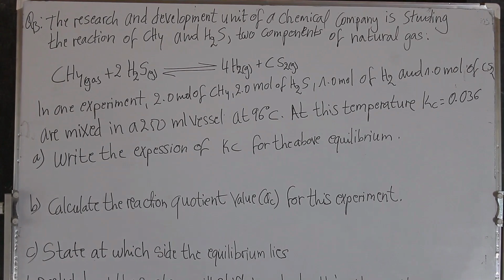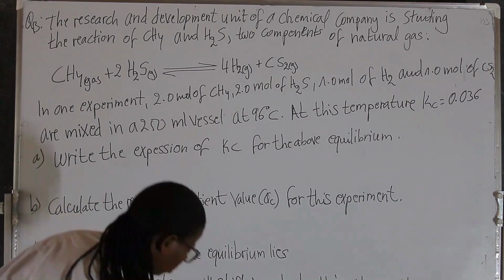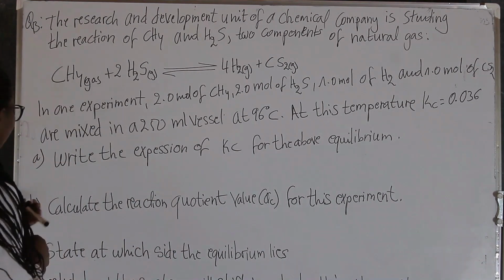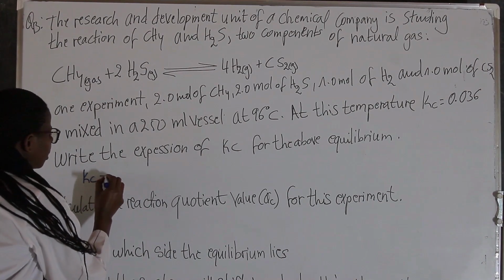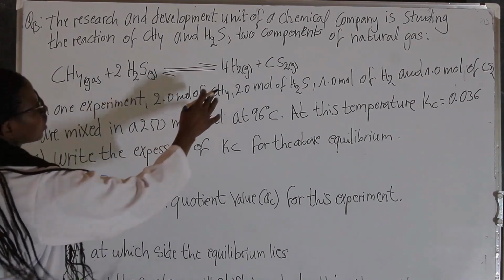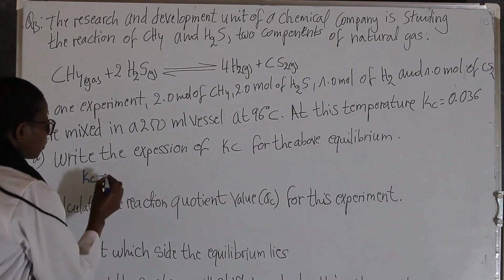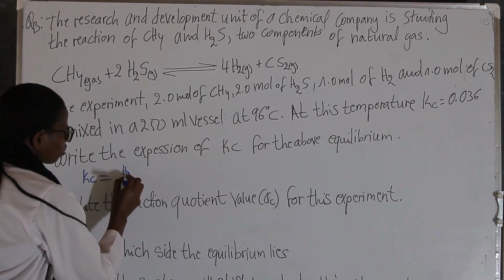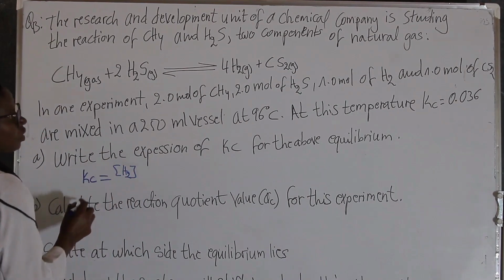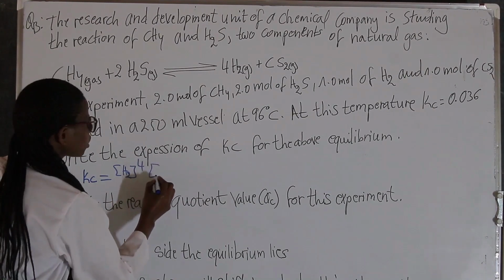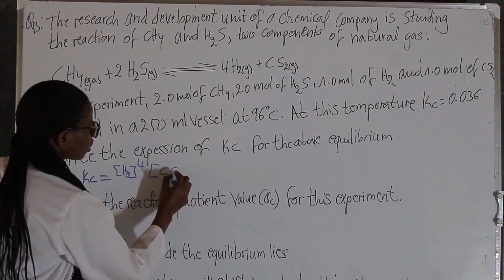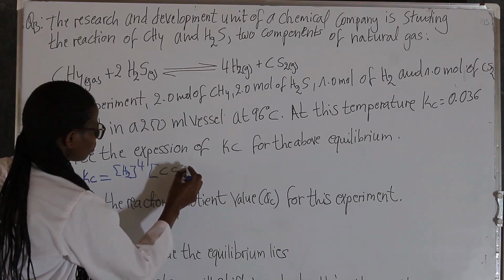You know, for Kc is equal to the concentration of the products, which are CS2 and H2, H2 to the power 4, times CS2.